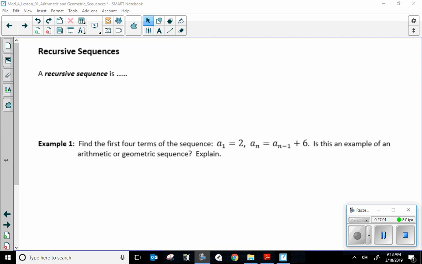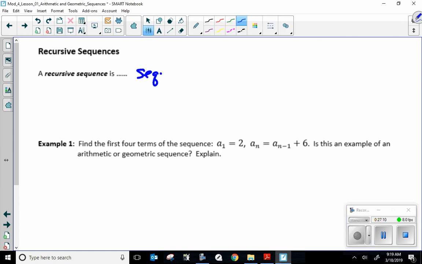Okay, you're going to see this recursive sequences thing. What is a recursive sequence? Well, it is a sequence with a repetitive rule.